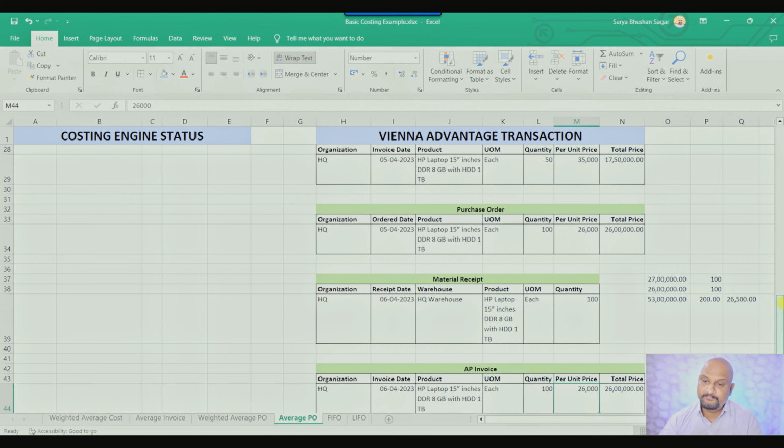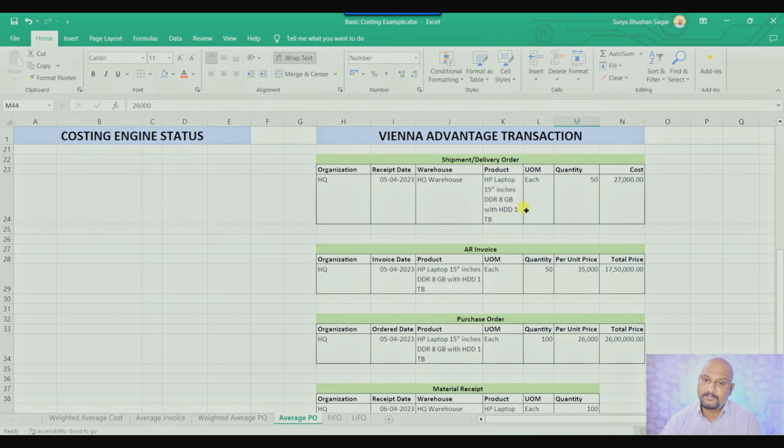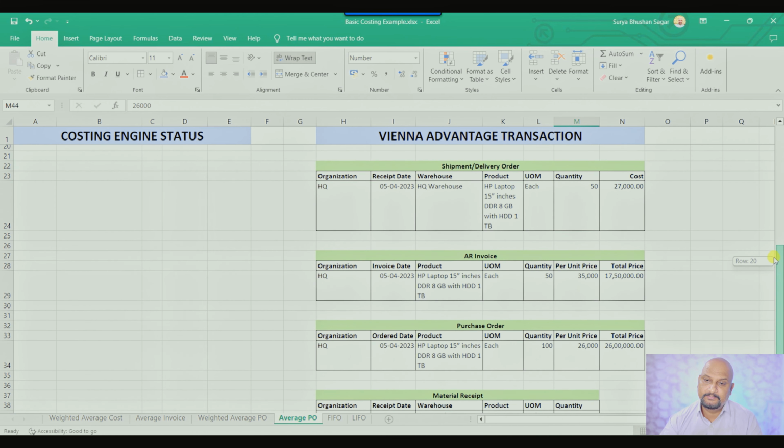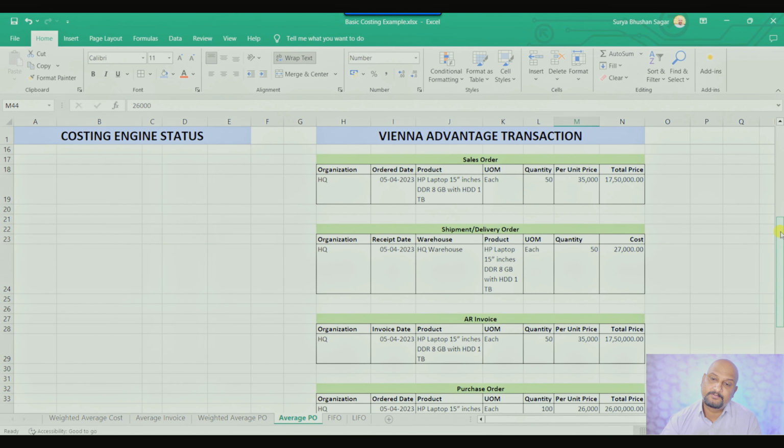So it doesn't matter if something is sold out, it will consider those values as well. But in the case of the weighted average PO, it will only consider the available stock and the incoming stock, and based on that, the system calculates the cost.